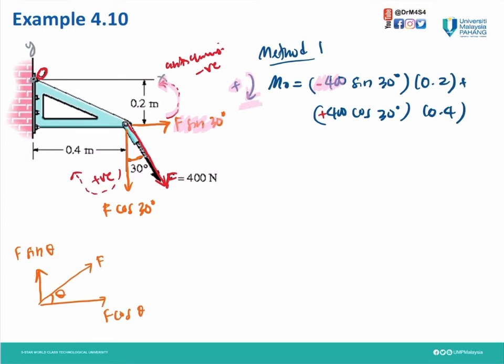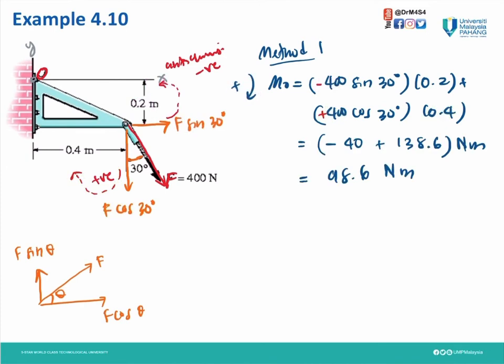And the perpendicular distance for that one is 0.2 meter. Then for F cos 30, to get to point O, the perpendicular distance is 0.4 and it is clockwise, therefore it's positive.